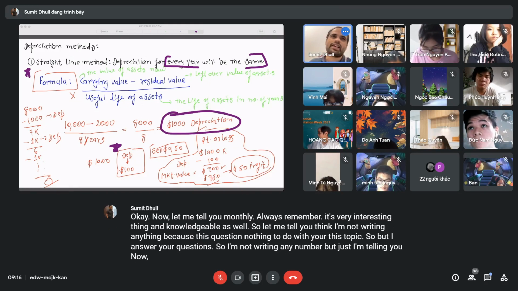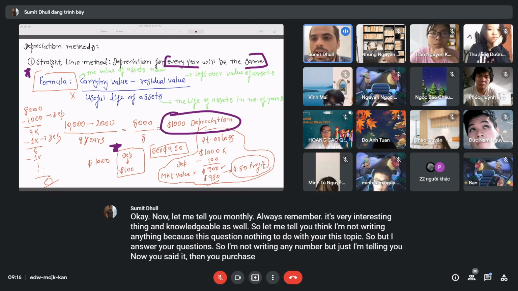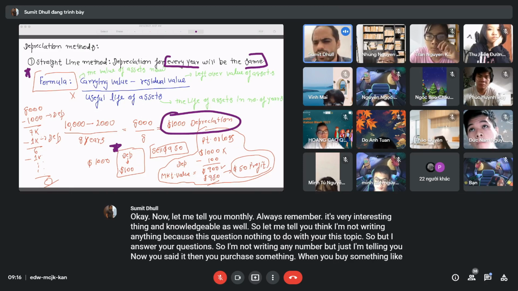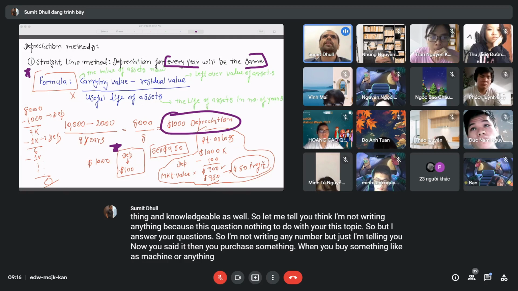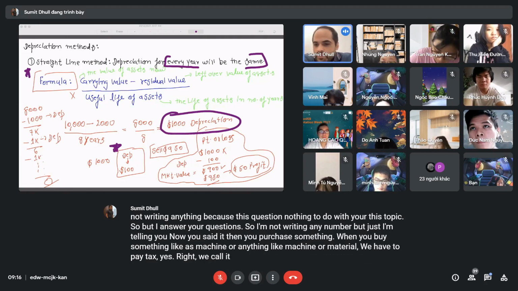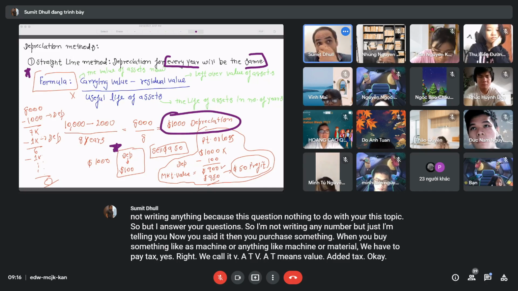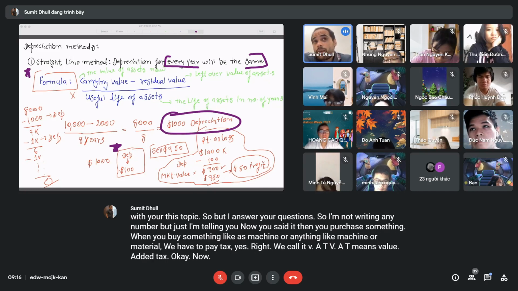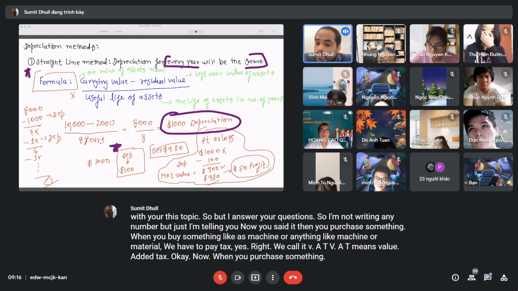Now you said that when you purchase something, like a machine or anything, machine or material, we have to pay tax. Yes, right? We call it VAT. VAT means value added tax. Now, when you purchase something, what is the purpose of the purchase?